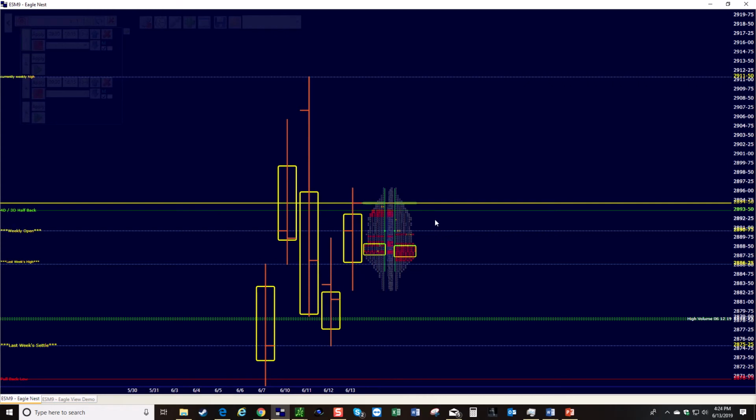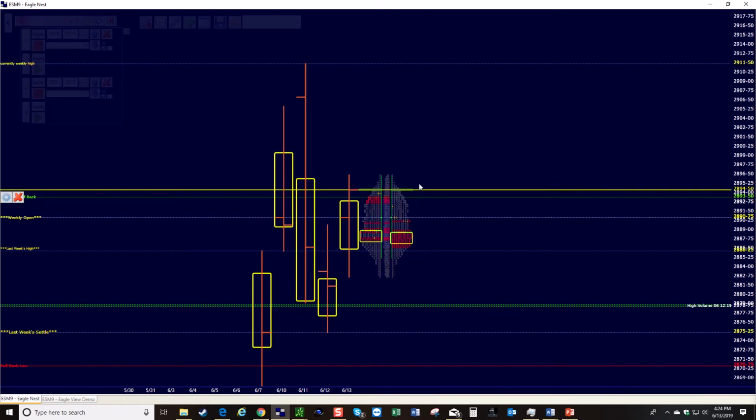Where are we in regards to the multi-day balance area? So I'm going to monitor not price but value. For my trade to work and continue to work, I want value to develop below this 3-day half back or 4-day half back. So that's going to be my gauge for a continuation and holding on to my trade.